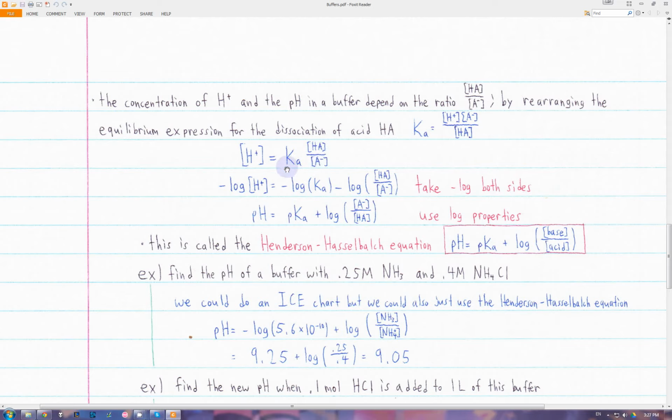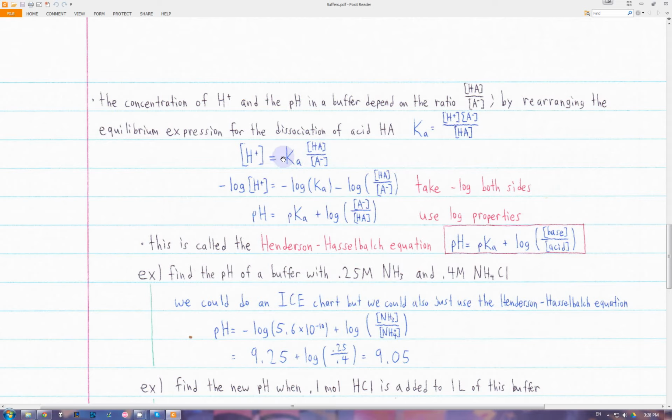So we can modify this expression to get a convenient equation for finding the pH of a buffer solution. So the first thing we do is take the negative log of both sides. And remember, if you have two things multiplied by each other inside a log expression, you can split it up with addition.